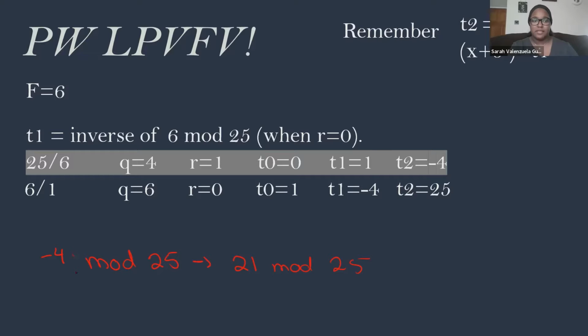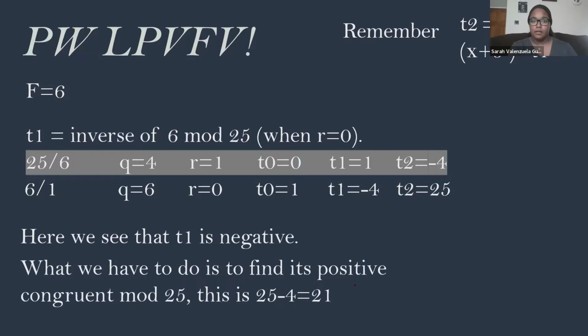We just get this minus 4 and add it to the modulus. So 25 plus minus 4 is 21. So our t-value, so T1, is equal to 21. So our x is 21 minus 3, 18.